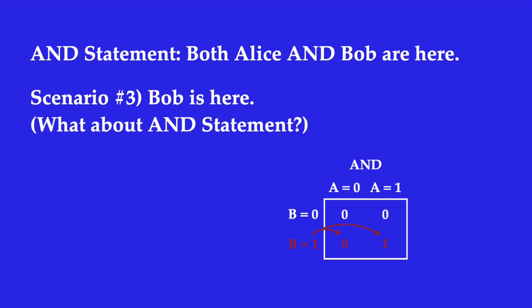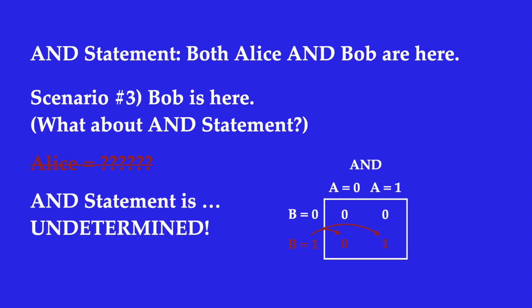This means that we cannot determine if the AND statement is true or false. We need more information. We need to know if Alice is here. If she is, A equals 1, then the AND statement is true. If she isn't, A equals 0, then the AND statement is false. But since we're ignoring Alice, our answer to the question is undetermined.